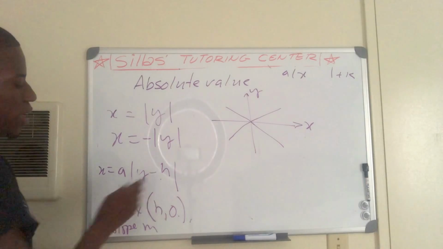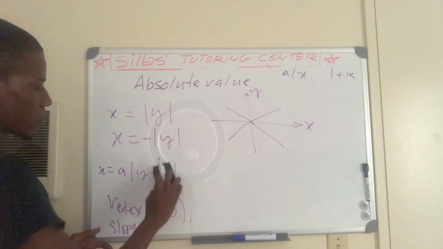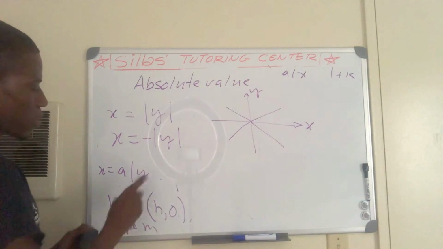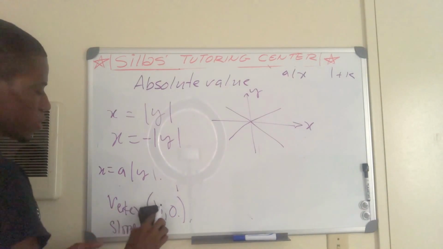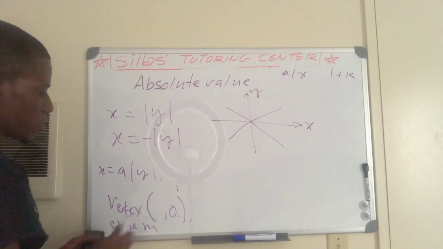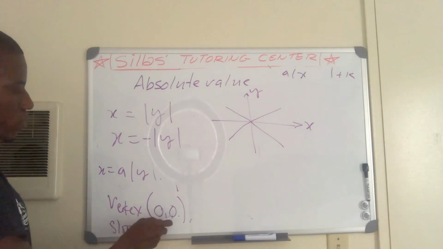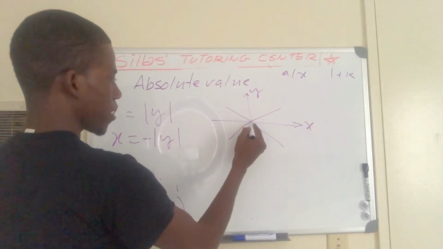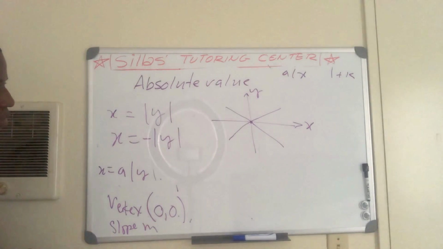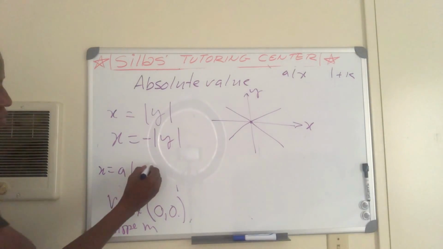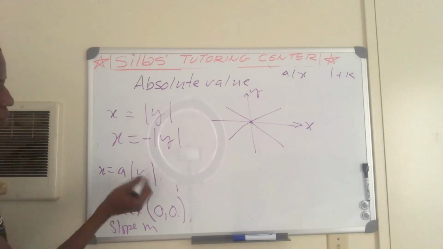So if y is 0, that's telling me h is 0. In this case, where is my vertex? At (0, 0). So (0, 0) is right here. You see this? And my function is just going to be a times the absolute value of y.